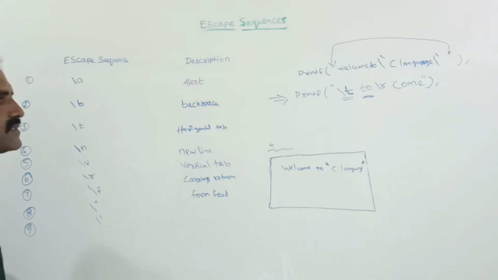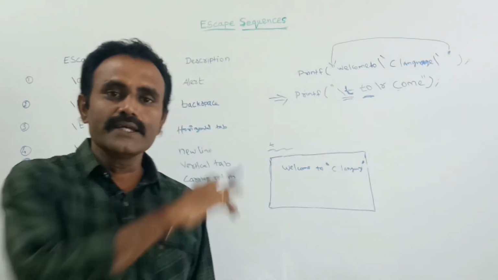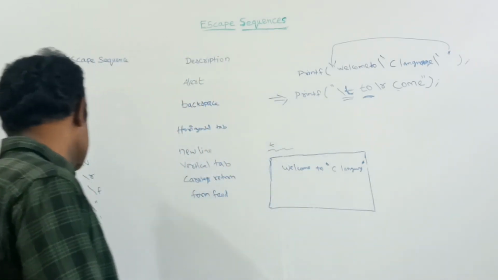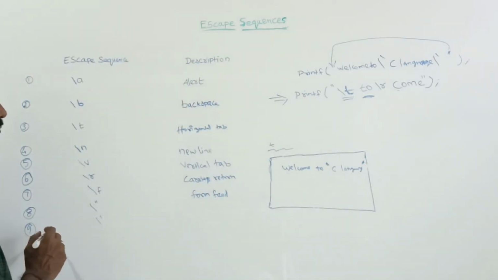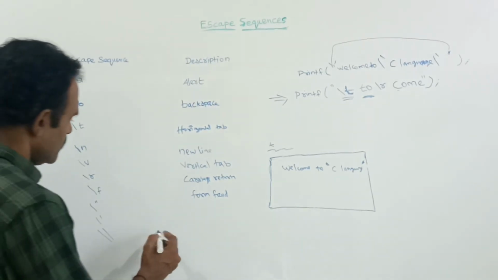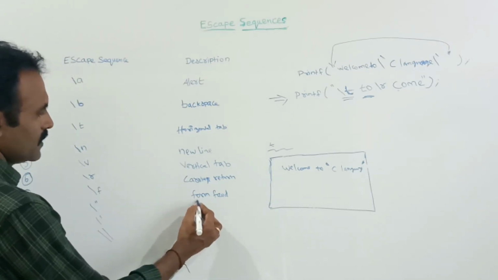Next, suppose I need to display the backslash, for that we should use double backslash. Here slash and slash, double backslash. This is for the double quote mark.